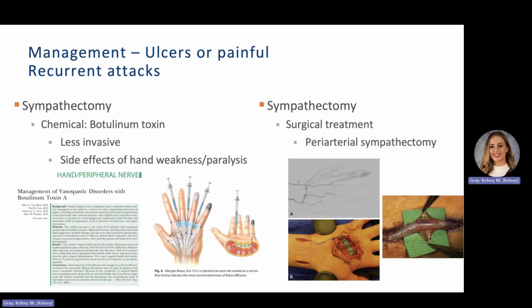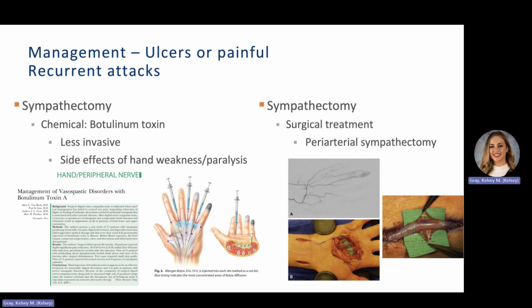Sympathectomy can be undertaken either chemically or surgically. Chemically via Botox, which is less invasive, although there are side effects of hand weakness and paralysis. The mechanism of Botox is poorly understood, but thought to be due to preventing the release of norepinephrine at neuromuscular junctions, resulting in inhibition of sympathetic mediated vasoconstriction, preventing alpha-2 receptor recruitment in cold conditions, and inhibition of substance P mediated pain signaling.